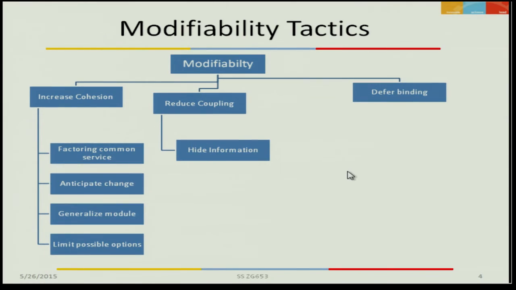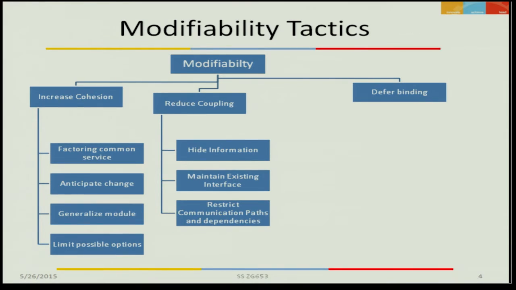In the reduced coupling case, the possible tactics could be hiding of information. Another could be maintaining an existing interface. Another tactic could be restricting the communication paths and various dependencies. And the fourth one could be using an intermediary between different modules.